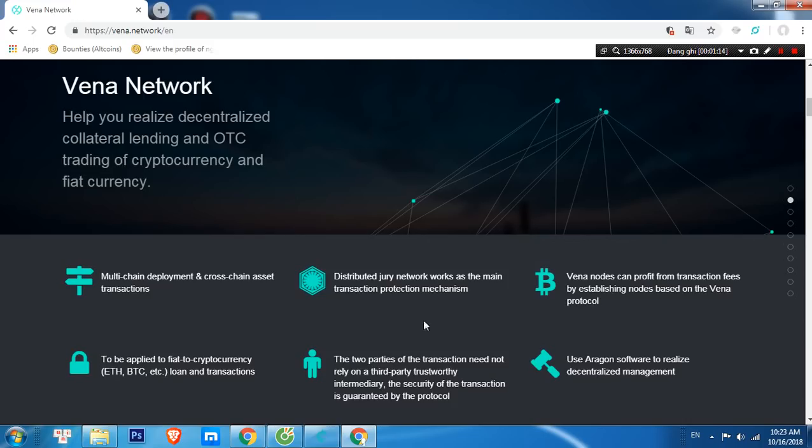Vena Network aims to create a decentralized digital asset financing and exchange network through the Vena protocol. The Vena protocol is divided into two layers. The first is the basic protocol layer, which mainly includes registration, configuration, routing, and management of upper layer business.